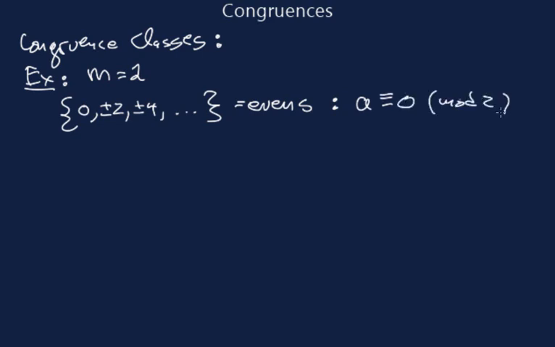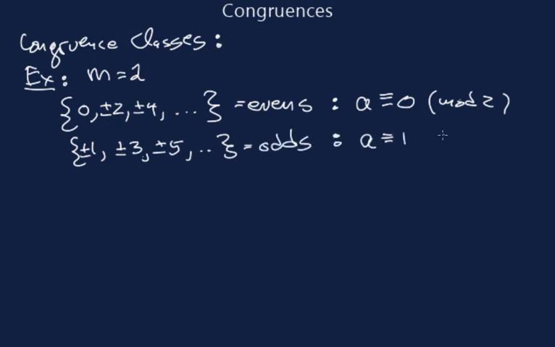Every one of these numbers is equivalent to 0 mod 2. And then, on the other hand, you have all of the odd numbers, and those are all equivalent to each other, and they're all equivalent to 1 mod 2. And you're all familiar with the fact that the set of integers can be written as the union of the even numbers and the odd numbers.